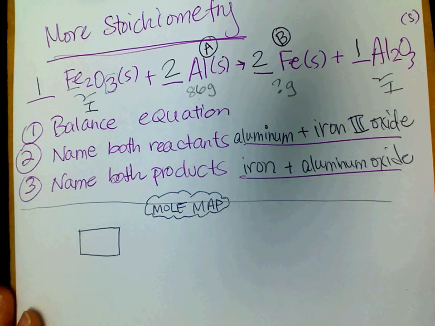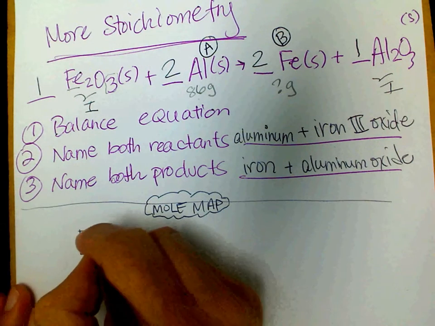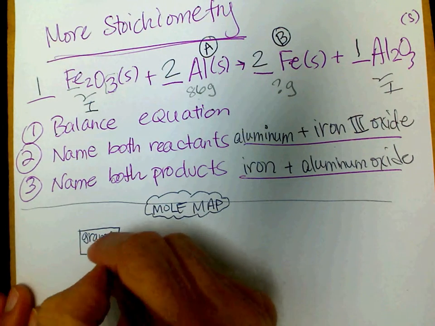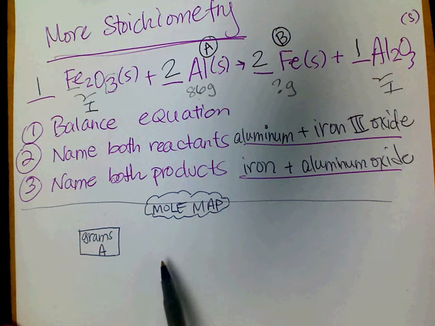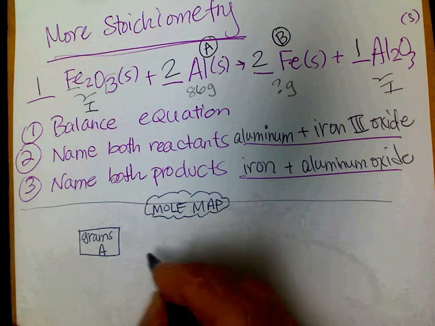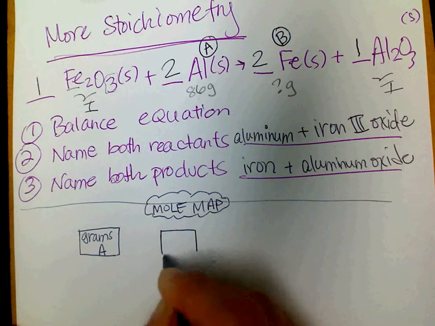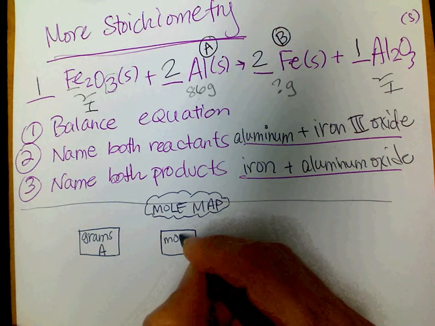All right? If we know the mass or grams of substance A, how do we get, think about driving to get to a certain destination. How are we going to get to moles of A?